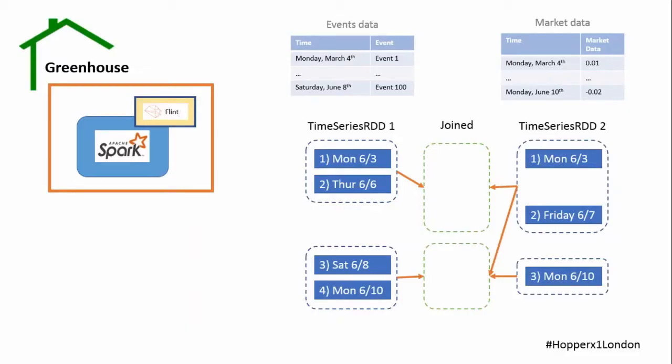Here again, we see that the Saturday, June 8th entry on the left needs to be matched with the Friday, June 7th entry on the right. And so the bottom left and the top right data partitions are both mapped to the same join partition. Flint then executes this join on the fly in a streaming fashion, and it's very performant.